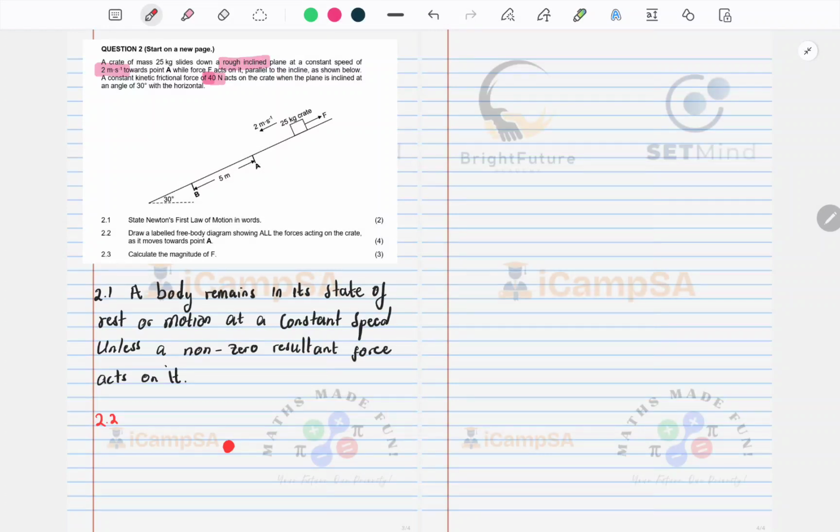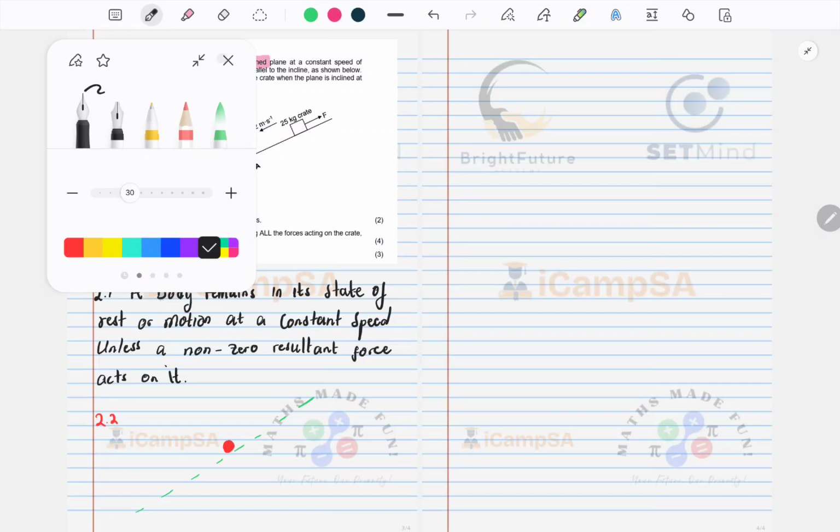So first things first, forces that we know must be there are weight and normal force. Since we know that this is on an inclined plane, I prefer doing something like this so that my forces are pointing in the correct direction, right? So let's start.